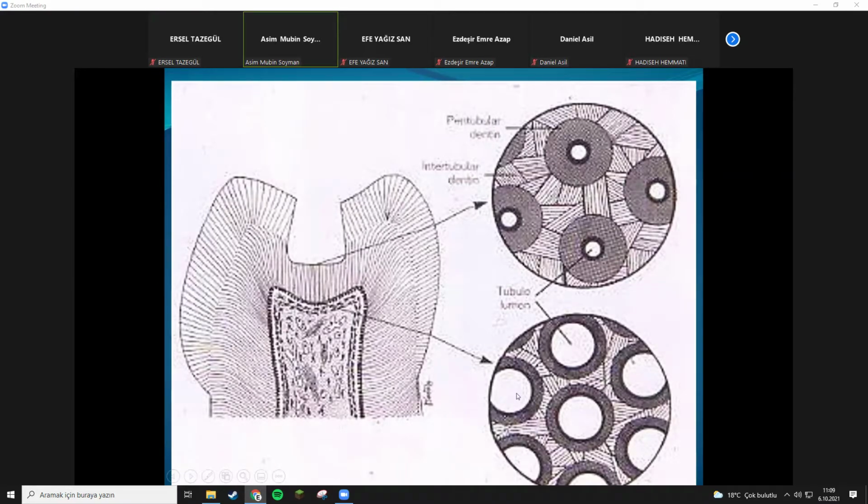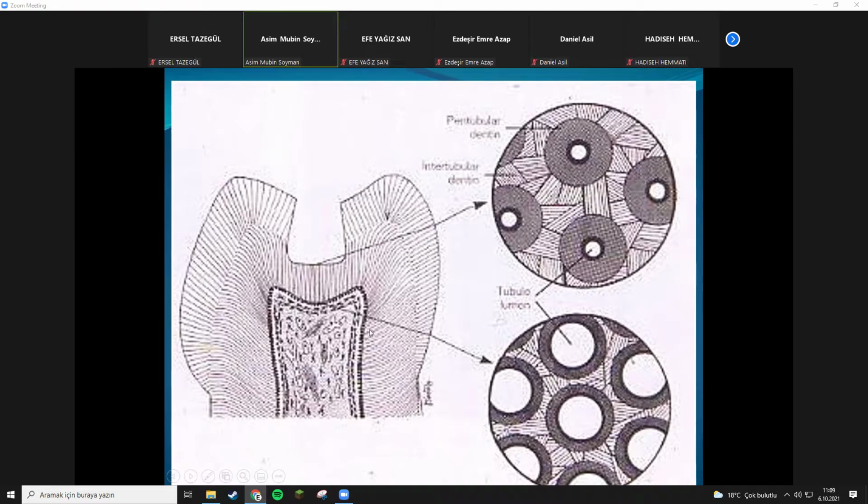I'm sorry, I repeat, but for a good understanding, maybe it's better to repeat it again. But the diameter of the cone is large or larger in the region which is close to the pulp dentine junction.